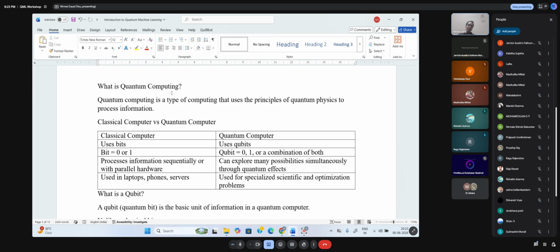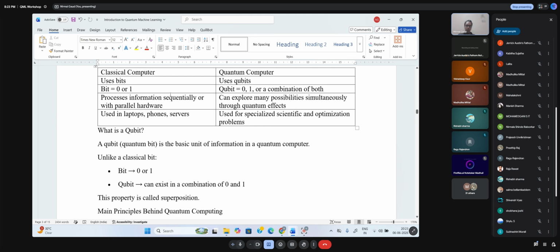If you are dealing with quantum and designing any system, we need to enhance the capability of that system in terms of quantum. That means the system should use qubits, a 0 1 combination of both, and explore many possibilities simultaneously through quantum effects and energy levels, and it should be specialized in scientific and optimization problems.